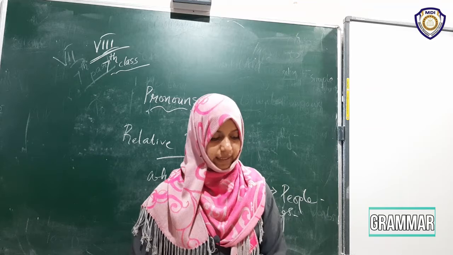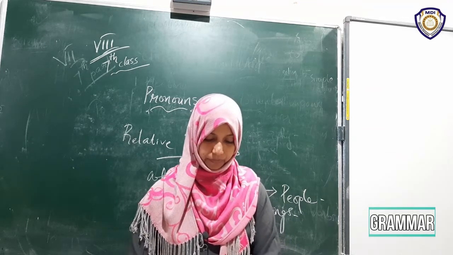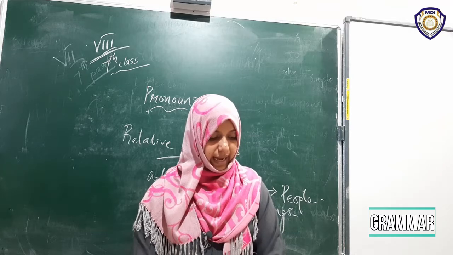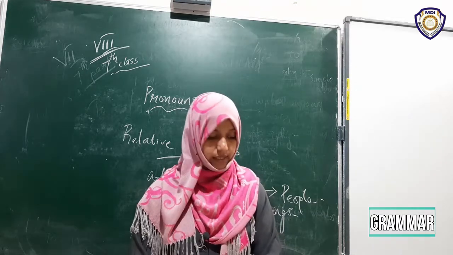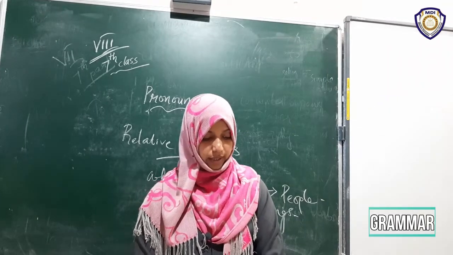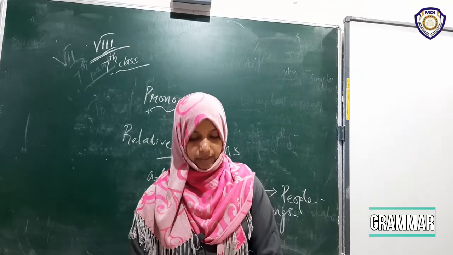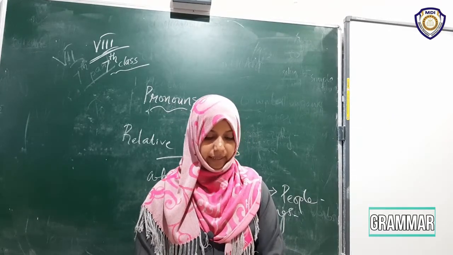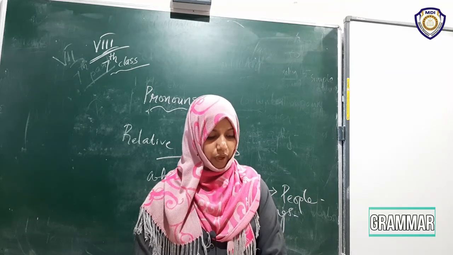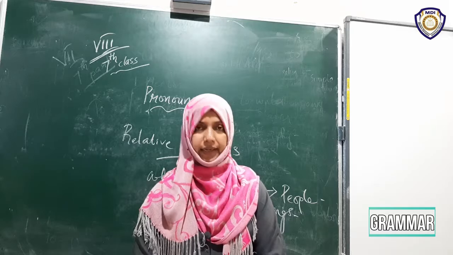Okay, all of you listen. D. Fill in the blanks with who, whom, that, which. I have read this storybook which was published last year. Second one, R.K. Narayan, who wrote Swami and Friends, was born in Chennai in 1906.